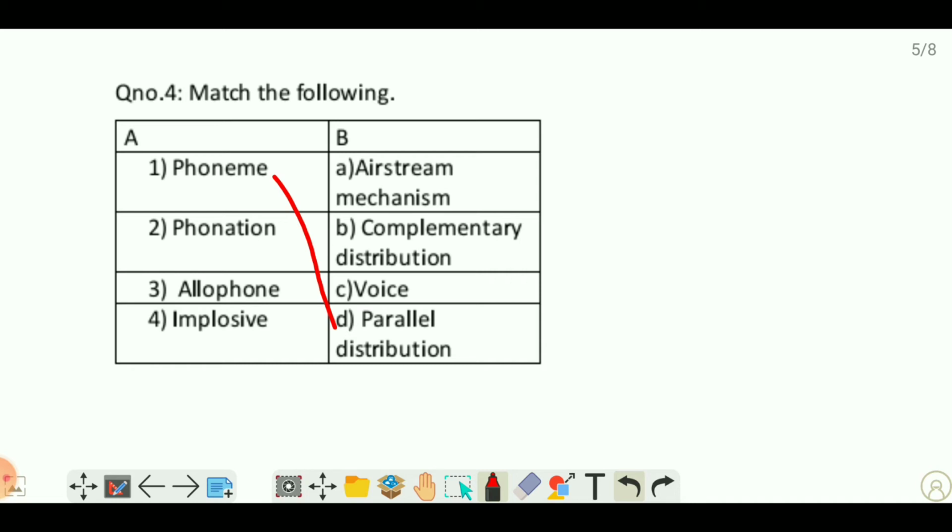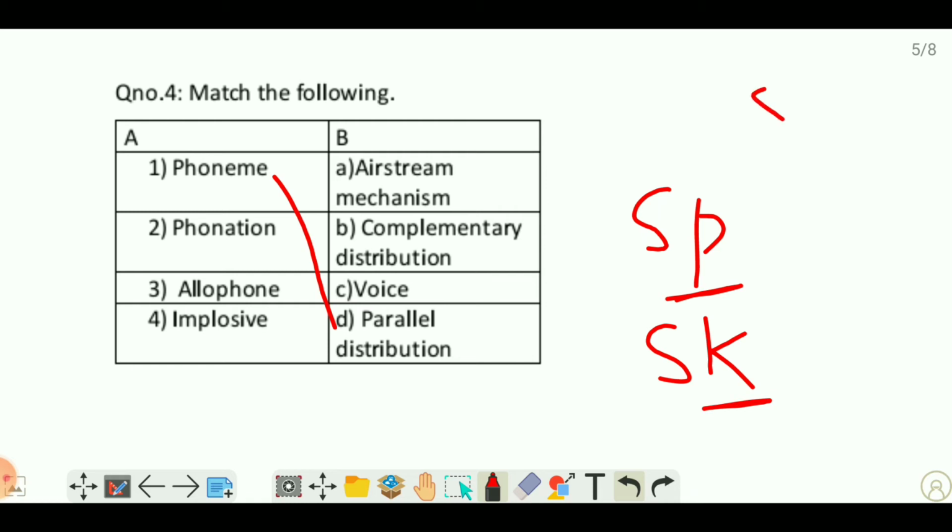For example, in English we have consonant clusters s, p and s, k. So p and k can occur after the s sound, as in the words spin and sicken.